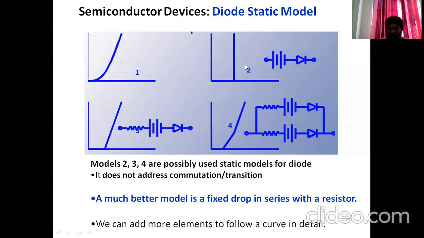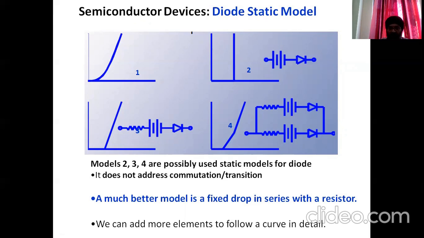So figure 2 is the first type of approximation. This model in figure 2 has a PN junction connected to a DC source in series, and the characteristics of this diode model look like this, a straight line. A kind of low-end model.